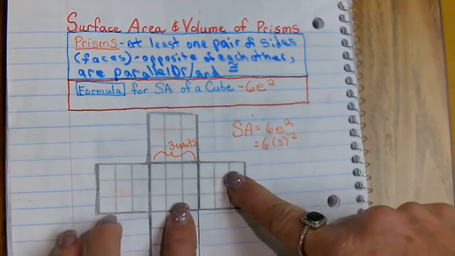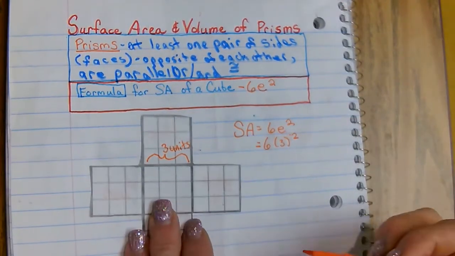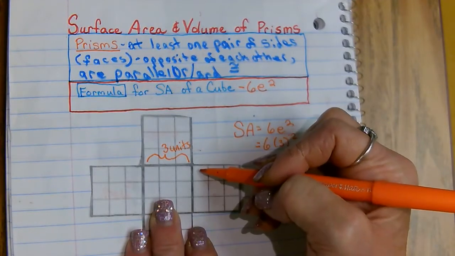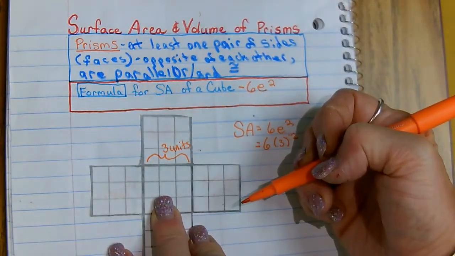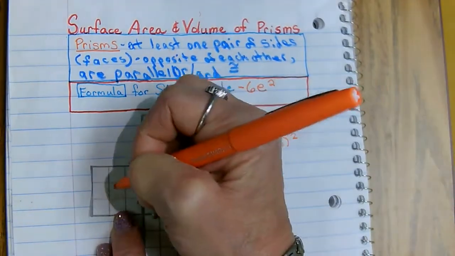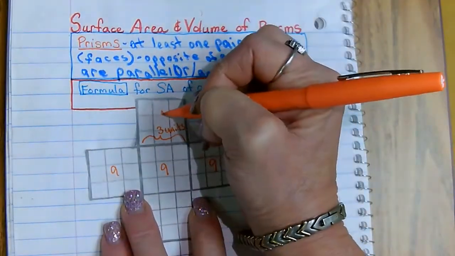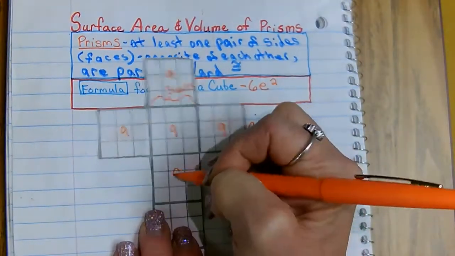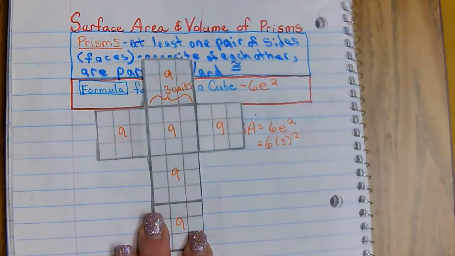Because if you find each one of these areas, let's do this so you can make sense. This is a 3 by 3. 3 by 3 is what? 9. So each one of these areas is 9. Okay? Each one of these areas is 9.